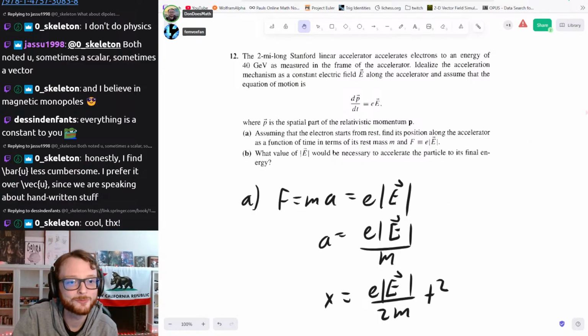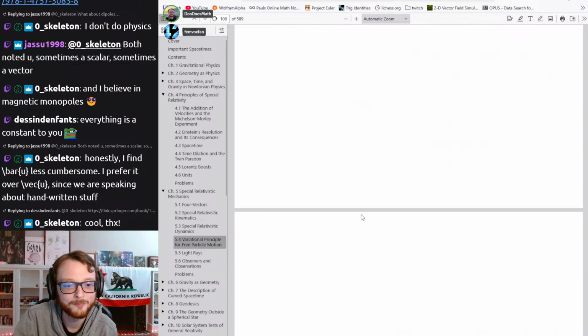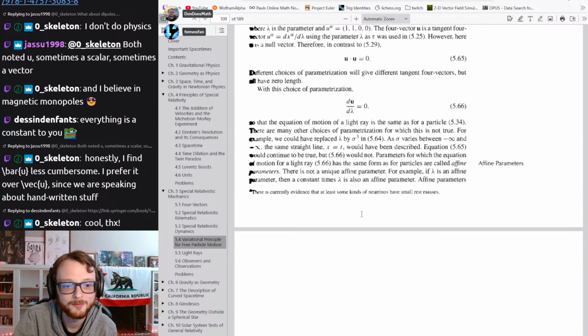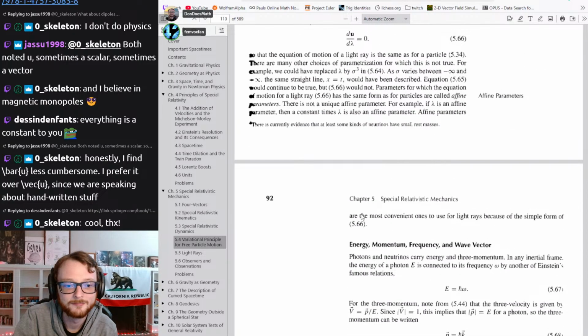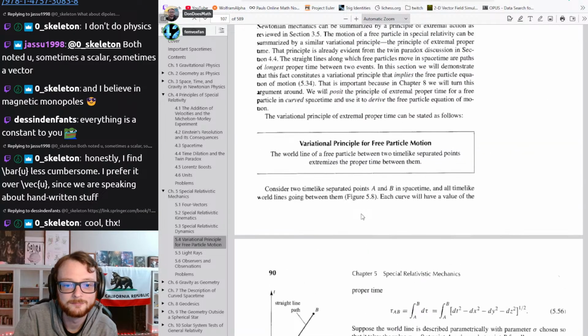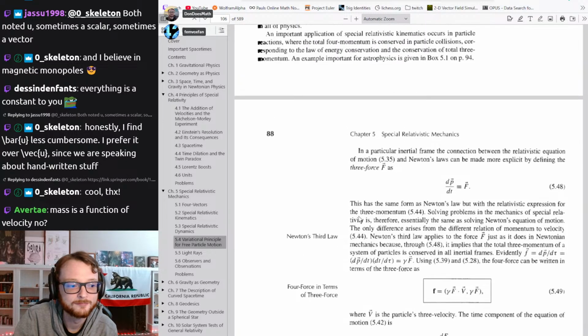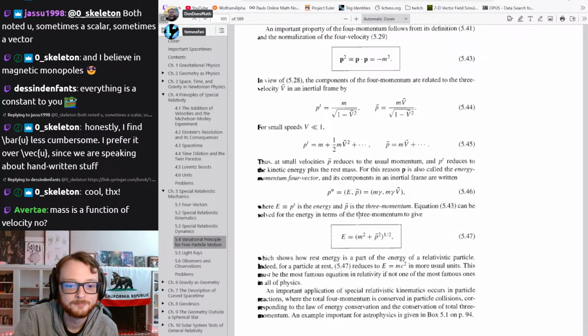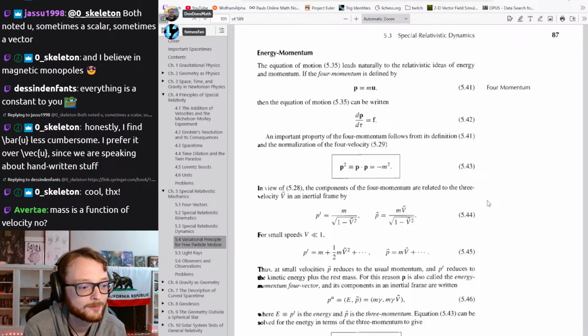Is there some relation with momentum in something? Yeah, page 87. Right. Mass is a function of velocity.